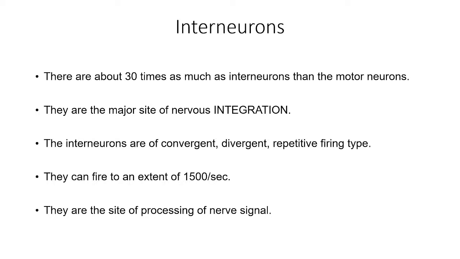Got it? So, the interneurons are the site of integration because they are delivering the input coming from afferent fibers to the alpha motor neurons. The interneurons can be convergent, divergent and repetitive firing. ठीक है, दो interneurons हैं, they may converge on a single alpha motor neuron, that is convergence.